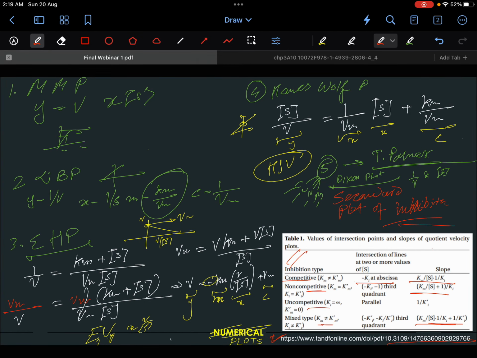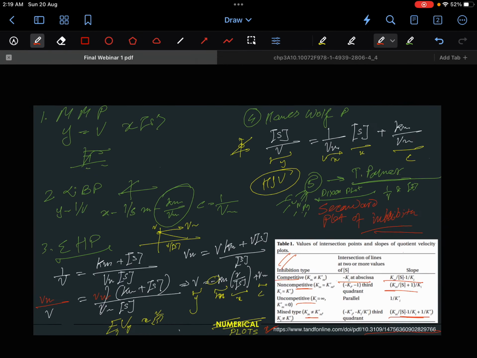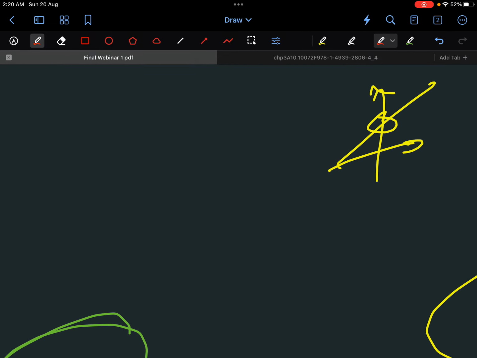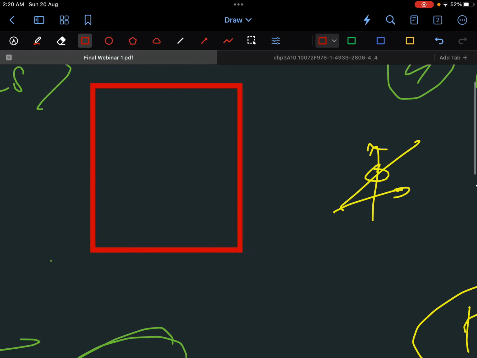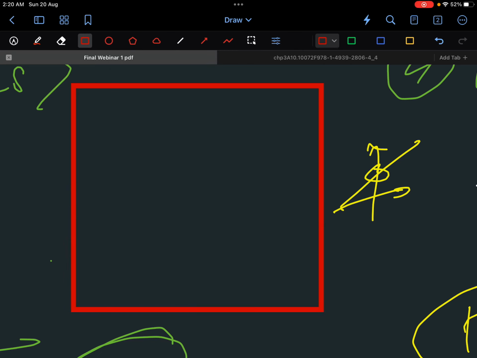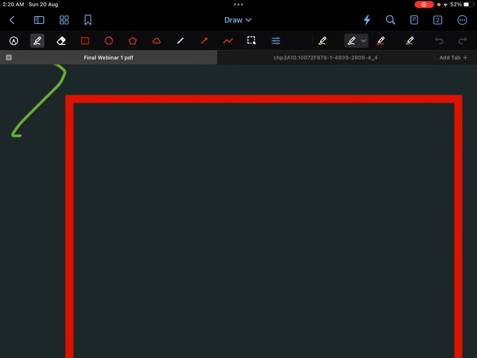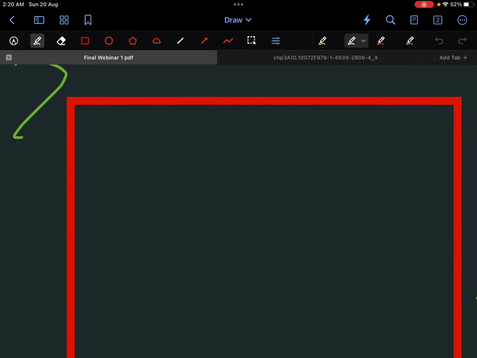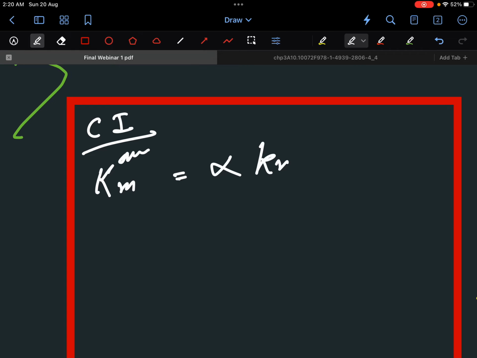And then और क्या है? Okay, I will show another one actually. This is important, I think. Okay, I'll just isolate this part and I will show you something. So for competitive inhibition, the Km apparent is alpha Km, right?